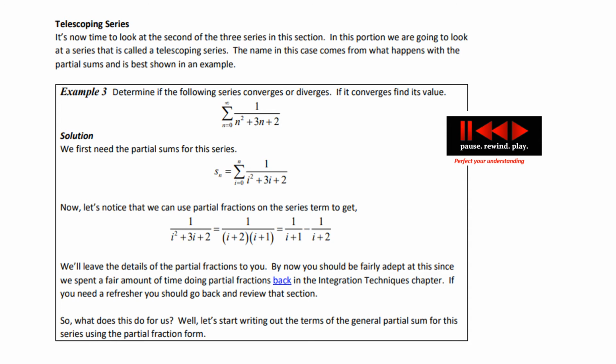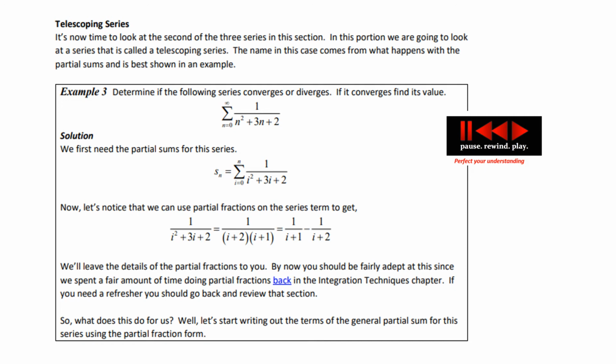If I do partial fractions on that, 1 over i squared plus 3i plus 2 factors into 1 over (i plus 2) times (i plus 1), and you can use Heaviside to call this 1 over (i plus 1) minus 1 over (i plus 2). Now you can check that partial fractioning and using Heaviside is good, and you should be good at this now because we've been doing this for a long time.